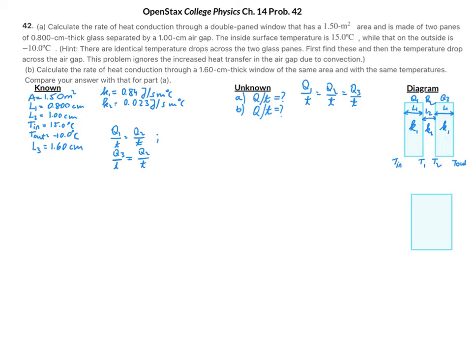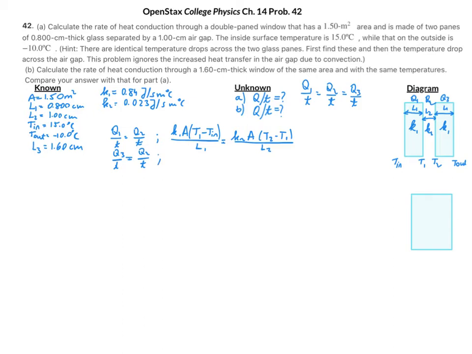Q1 over t is K1 A (T1 minus T in) divided by L1, and that's equal to K2 A (T2 minus T1) divided by L2.